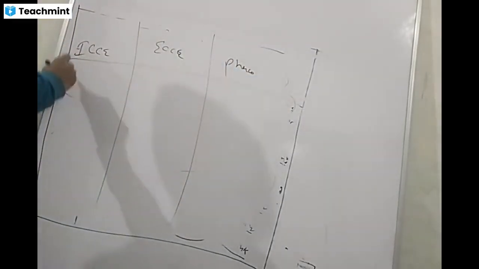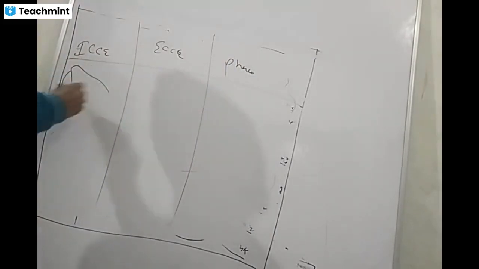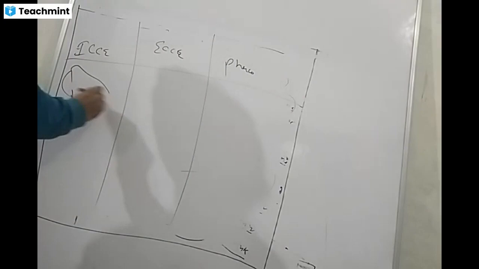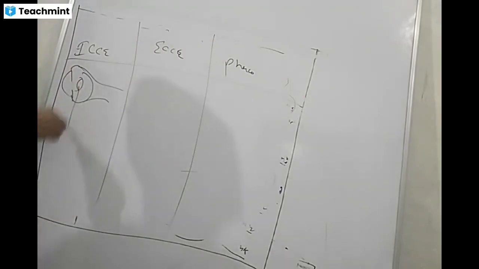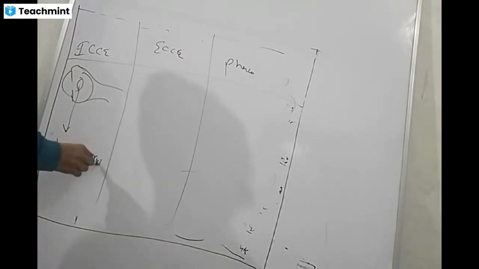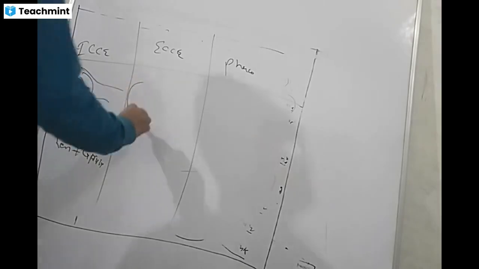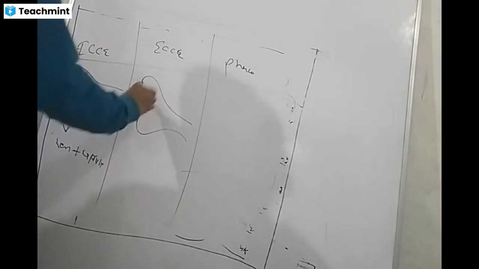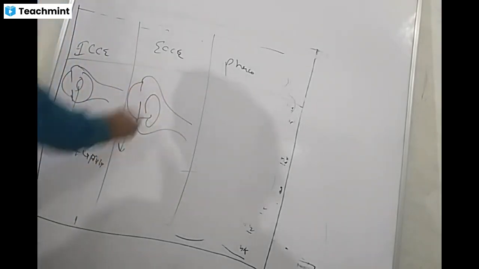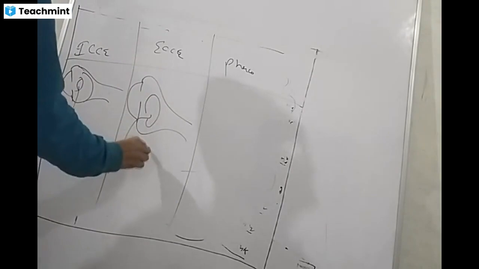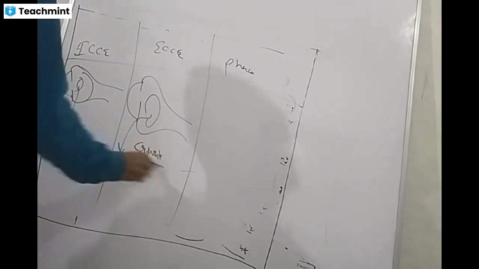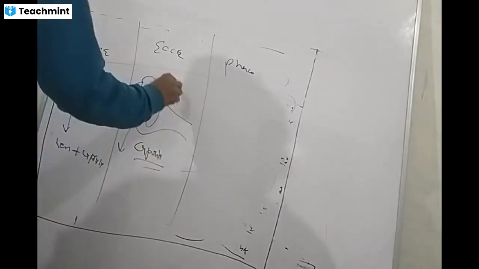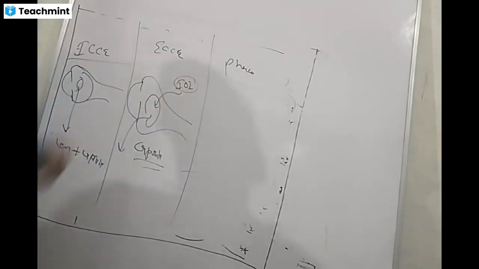In this case, this was the cornea, iris. This is the retina. We removed the lens along with the capsule. But in this case, the cataract is removed, but the capsule is there. If the capsule is there, you can place your intraocular lens.